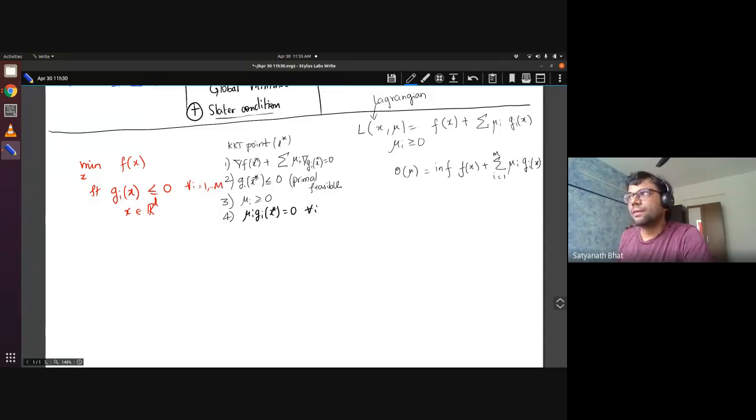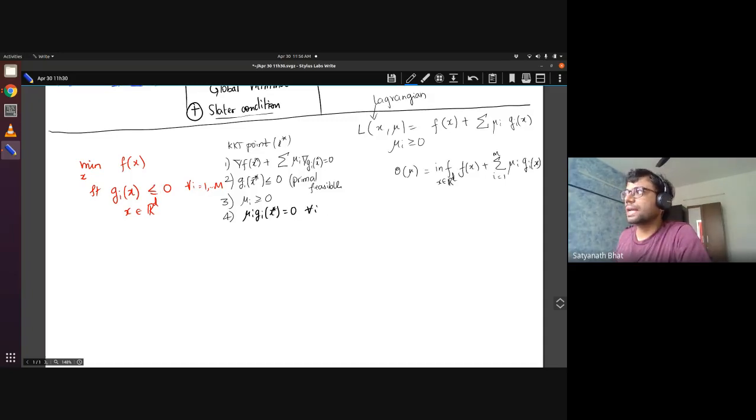Here we are taking the gradient with respect to x, so inf over x belonging to R^d. Now this particular number is always going to be lower than f of x. Think of it: mu_i's are greater than 0, and g_i of x is a number less than or equal to 0.